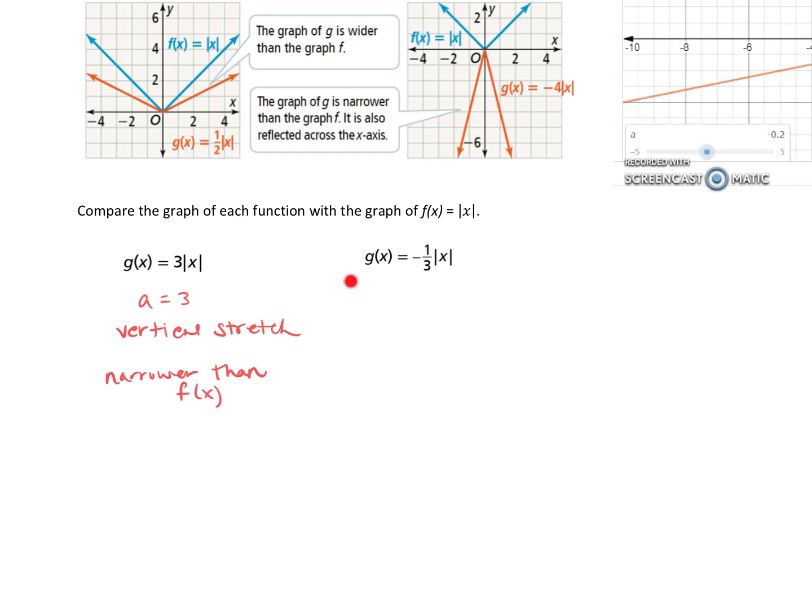All right, g of x over here equals a negative 1/3 times the absolute value of x. So what do we notice? It's an absolute value function, so it's going to be a V shape. And our a value is negative 1/3. So this tells us two things. The fact that it's negative means that there's a reflection across the x-axis.